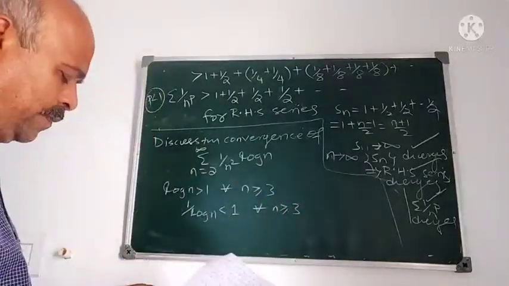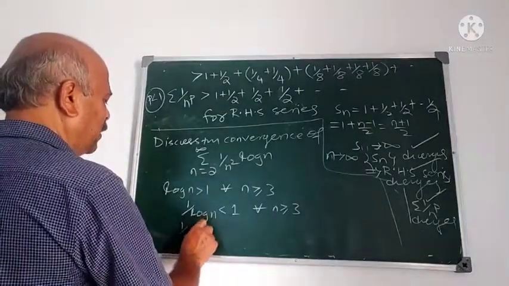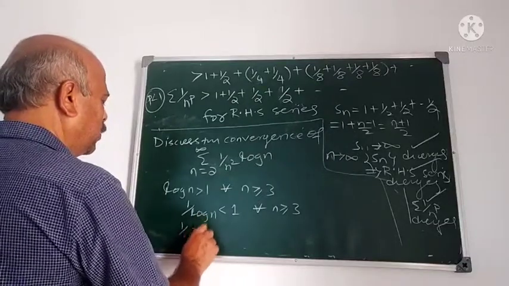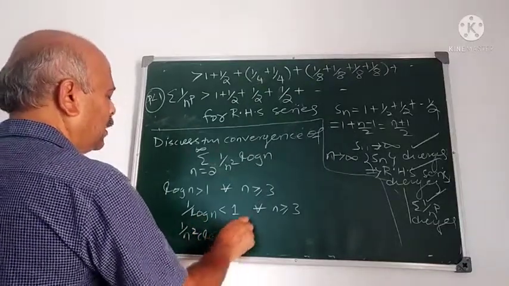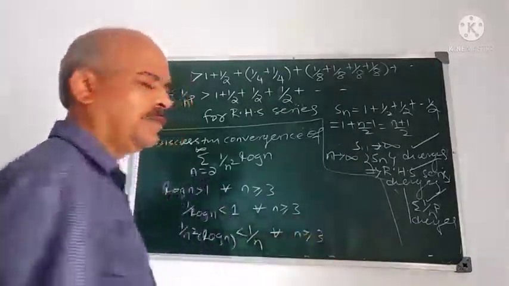Now 1 upon n square into log n is less than 1 upon n square for all n greater than or equal to 3.